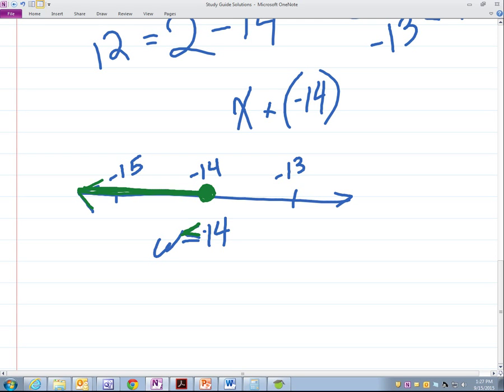Yes, sir? On the test, if you have the wrong variable and you say y instead of w, do you count wrong? Absolutely not. It's totally fine if you make up your own variable.